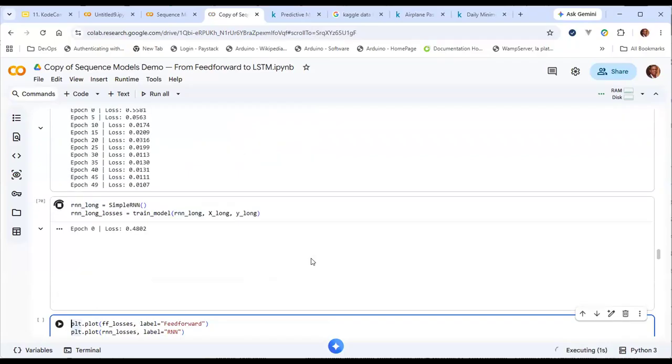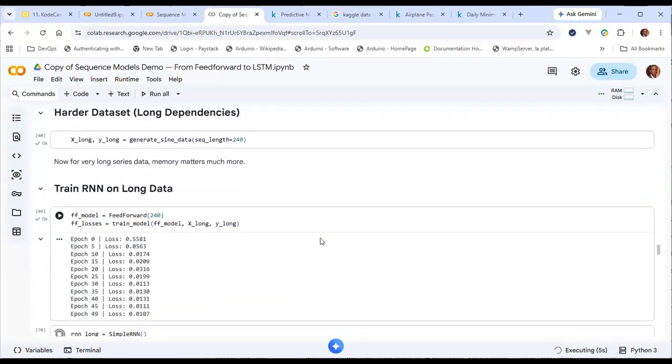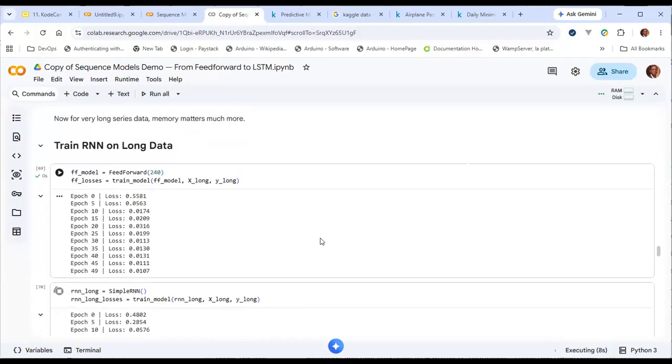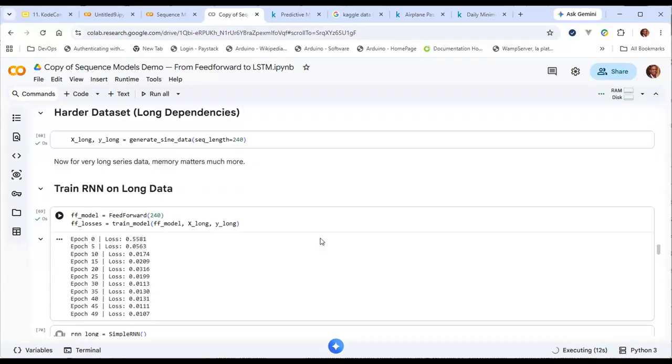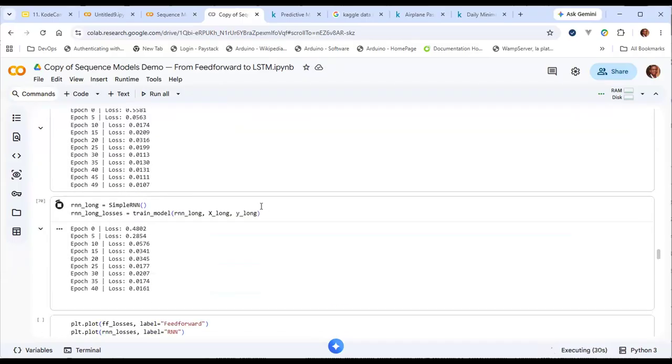Now this is much longer. Oh, okay, so here we are now using generate sine data with a much longer sequence length. I don't have that capability with our own data set, so I'll just let this one run.